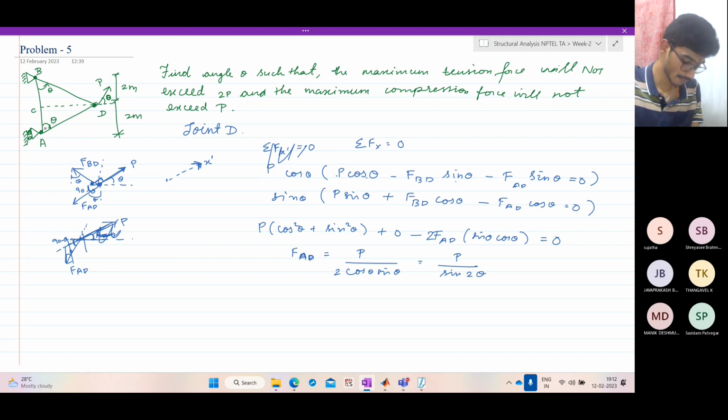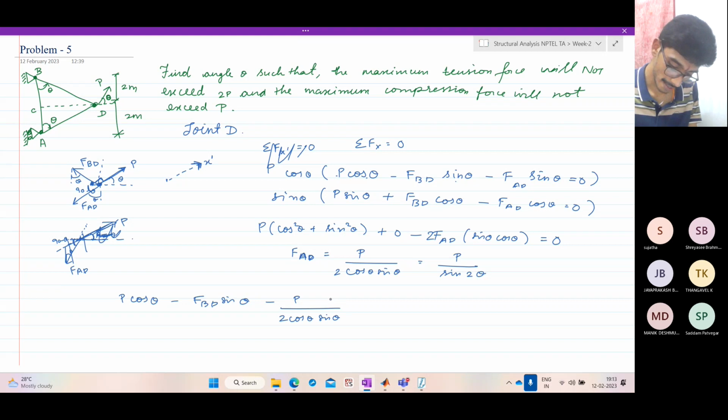And coming to this point, we got FAD. So using one of these two equations, you can get FBD as well. So you will get P cos theta minus FBD sine theta, and what is FAD? It is P by 2 cos theta sine theta. You have a sine theta here equal to 0. So sine theta gets cancelled since theta is not 0.